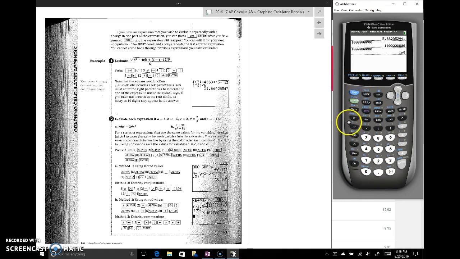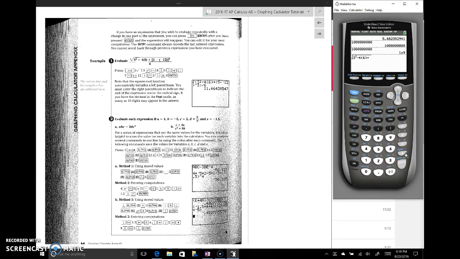So we're going to start with that square root sign right here, and we've got 3 squared, so the squared button's right there, and minus 4 times 6. Now we can use either the multiplication sign or we can put the 6 in parentheses. That's called implied multiplication. The T84 does implied multiplication, the T89 will not, so just be aware of that.